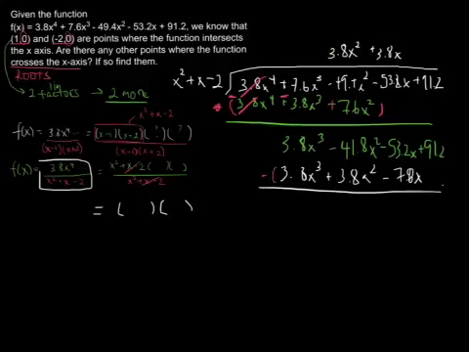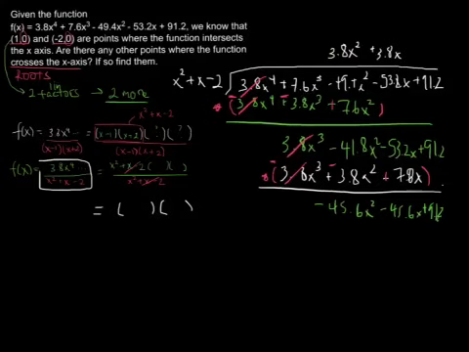Subtract once again. That's going to give me a negative, negative, and positive. Cancel there. I'm going to end up with negative 45.6x squared minus 45.6x plus 91.2.